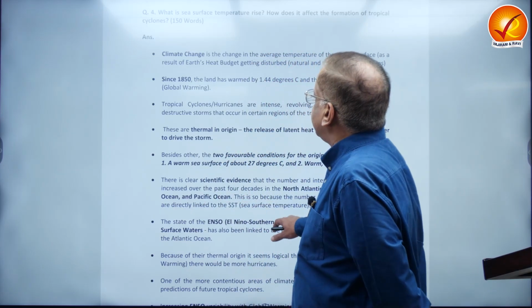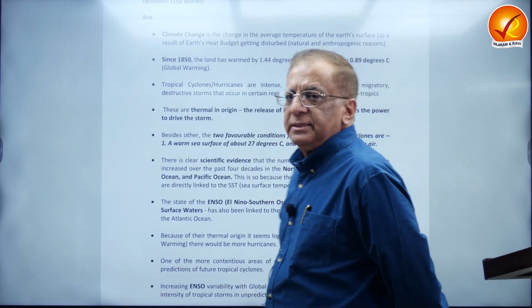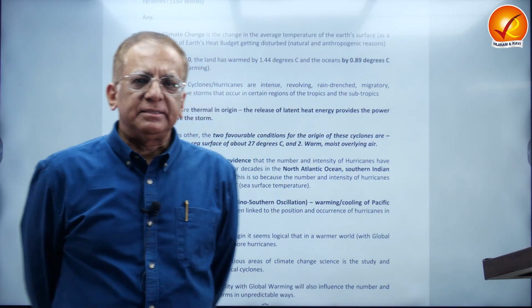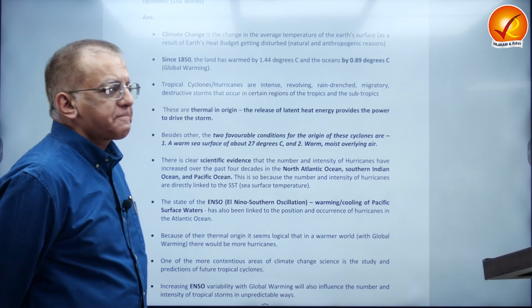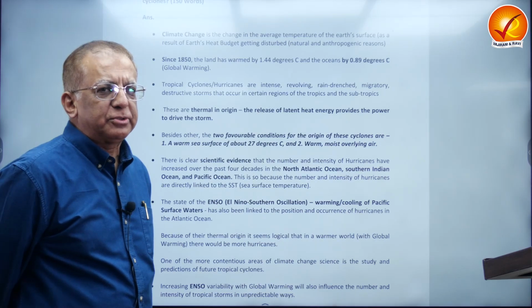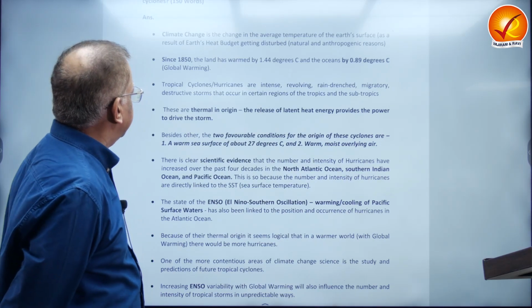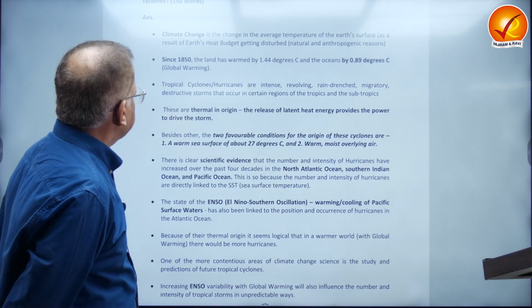And since it is a sea surface temperature question, there is scientific evidence through various studies that since 1850, we have an increase of temperature of the sea surface by about 0.89 degrees centigrade. It is less than what we had on the land.